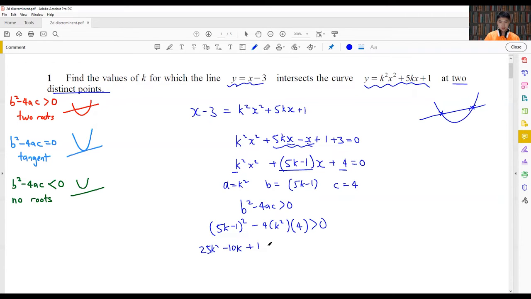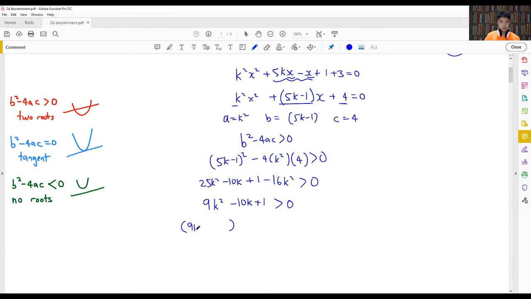Over here, you're going to get minus 16k squared, more than 0. Simplify this quadratic equation here. 9k squared minus 10k plus 1 is supposed to be more than 0. (9k minus 1)(k minus 1) is more than 0.